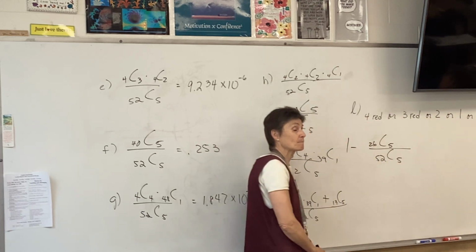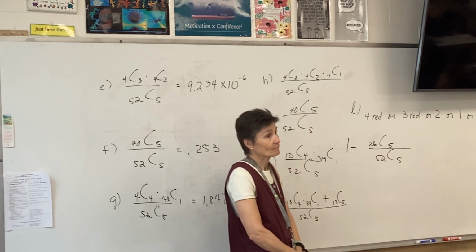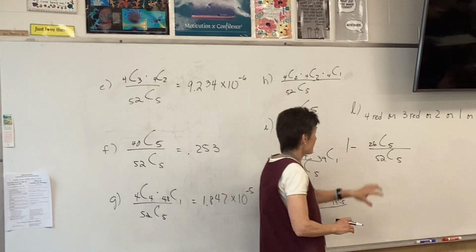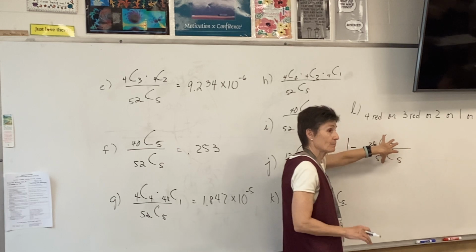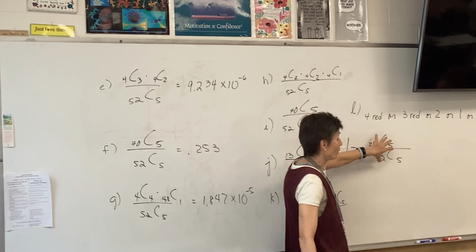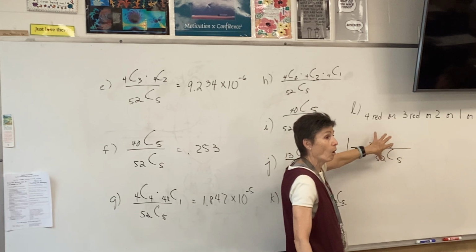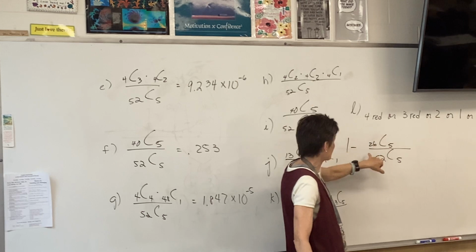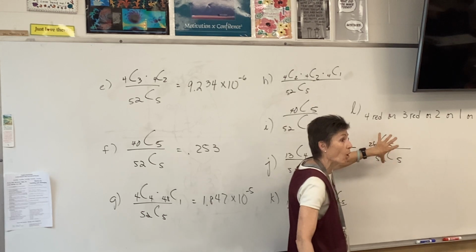Is it because you're finding the probability of 5 red? Right, this here would be the probability of all red cards. Would that make sense to you? All red, there's 26.